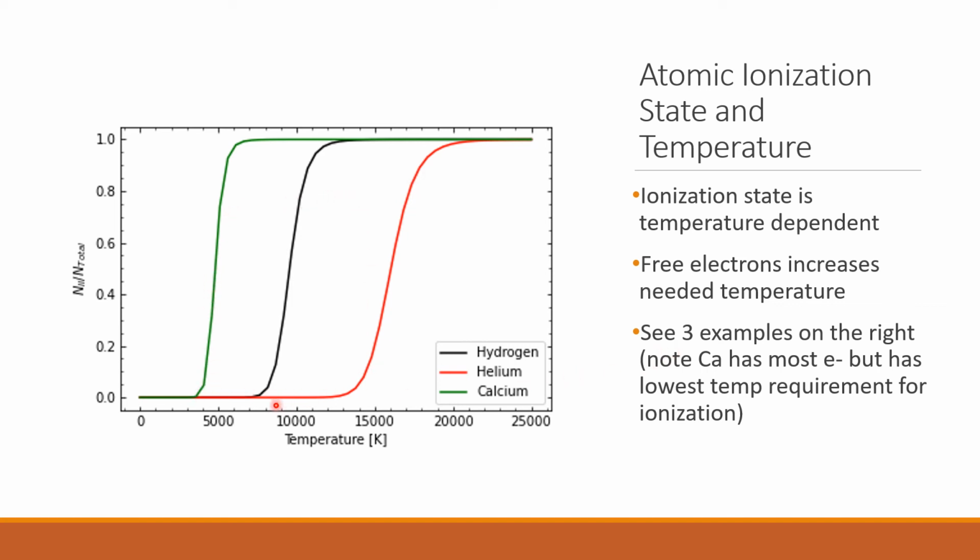So in the case of helium, what we're looking at here is that it has only free electrons. So these are valence electrons, more or less, that are hard to rip away from it, which means that you need a high temperature to do so. Hence why it's 7,000 Kelvin more than helium, or hydrogen, sorry. In the case of calcium, we're looking at an element with 20 electrons.